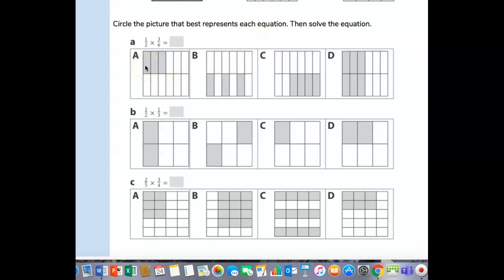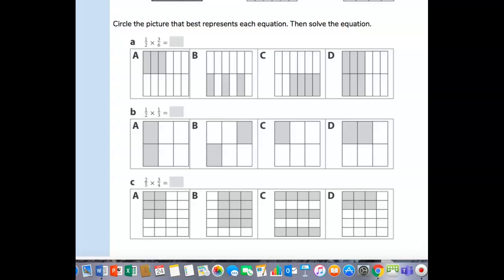So this one would be 1, 2, 3, 4, 5, 6, 3/6 times 1/2. Okay, well that works then, right? 3/6. So 1, 2, 3, 4, 5, 6.